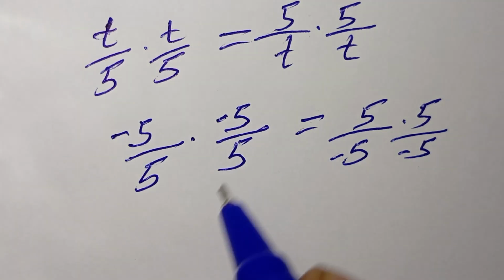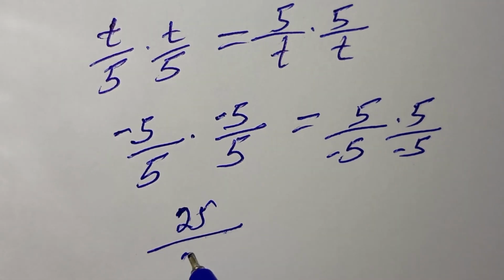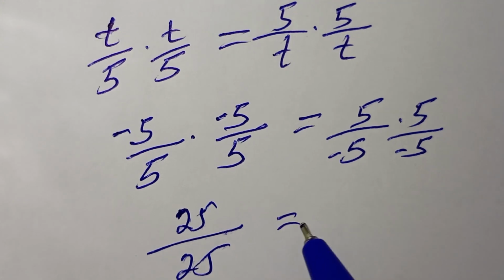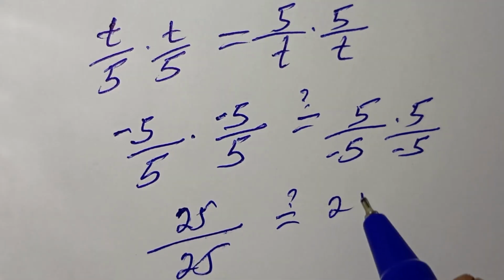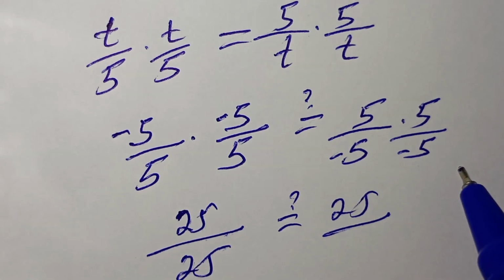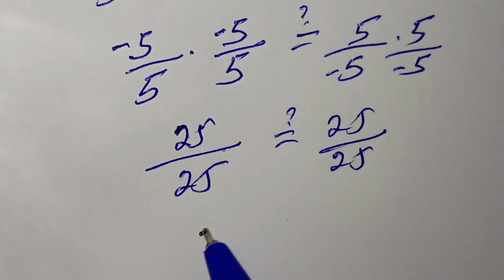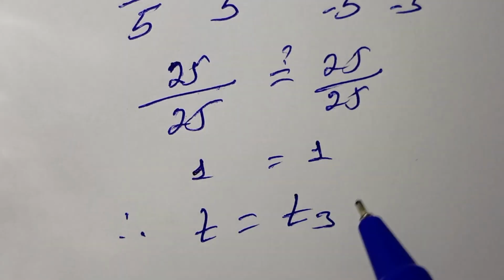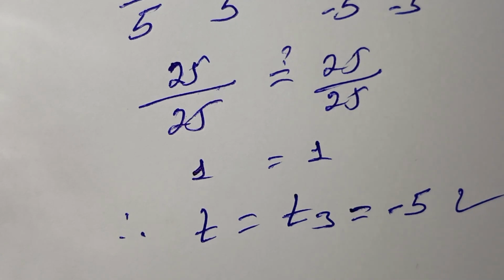Minus 5 times minus 5 is 25 over 25, is it equal to 5 times 5, 25, over minus 5 times minus 5, 25? So 1 is equal to 1. Therefore, t is equal to t3 is equal to minus 5 is the right solution.